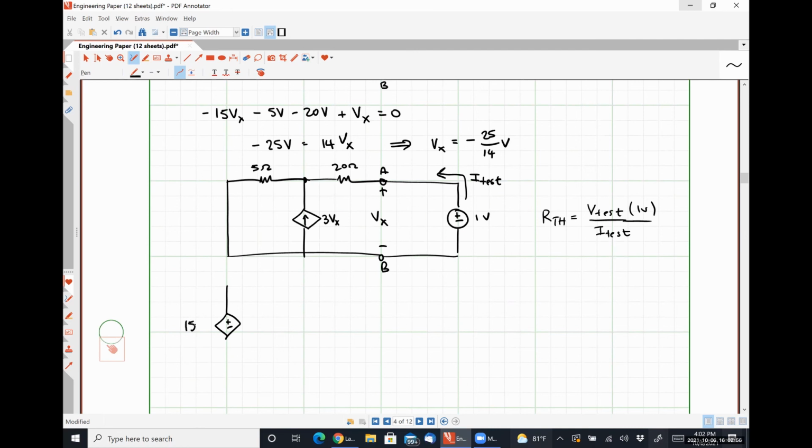Can't do simple math today. So here's 5 ohms, here's 25 ohms. Dang, it's 20. I keep doing that. I apologize. Thank you.